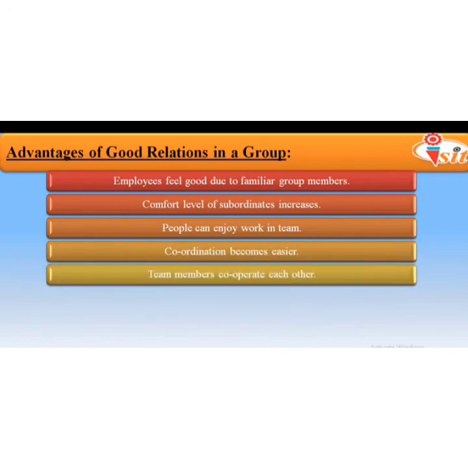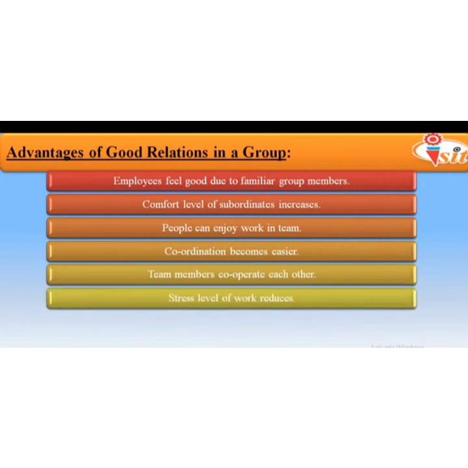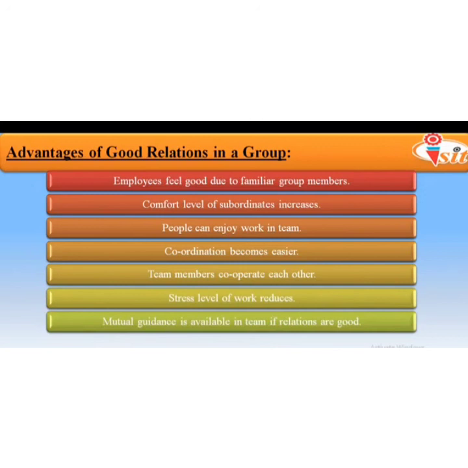The team members cooperate with each other. Again, stress level of work will reduce. Mutual guidance is available in a team if relations are good. And the last advantage is difficult challenges can also be accepted, and success will become easier. So these are all the advantages of good relations in a group.